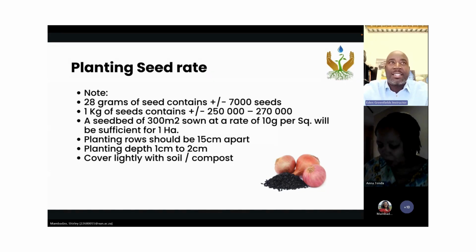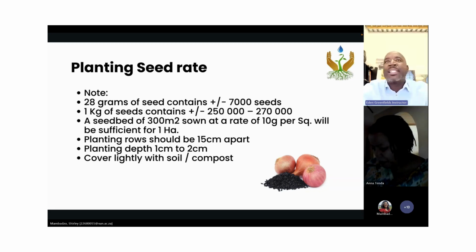All right. A seed bed of 300 square meters, sown at a rate of 10 grams per square meter, meaning you plant 10 grams on 1 meter by 1 meter when you raise your onion seedlings, will be sufficient for 1 hectare. So how many kgs do you need per hectare? That is the question.